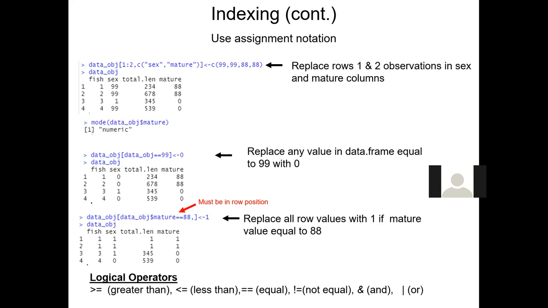In this case, you use a concatenation function to specify the columns sex and mature. And again, you have to have the same number of replacement values as you would be replacing. So in this case, there are 2 rows and 2 columns, so you need 4 values to make it work right. And when you do, you'll see below the changes that were made.